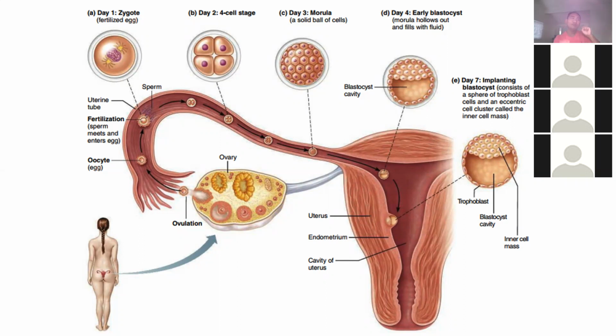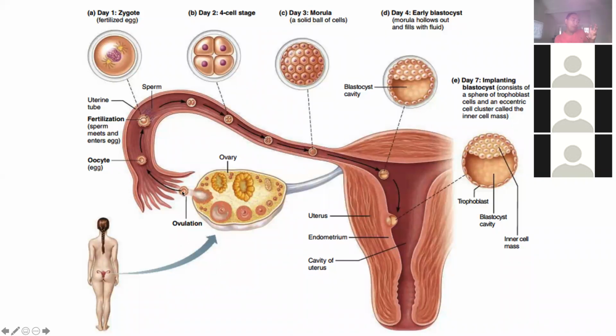So ovulation usually happens mid-cycle. Let's say a lady has a 28 day cycle, then at day 14, usually this little ovum matures from the ovary and pops out, pop.